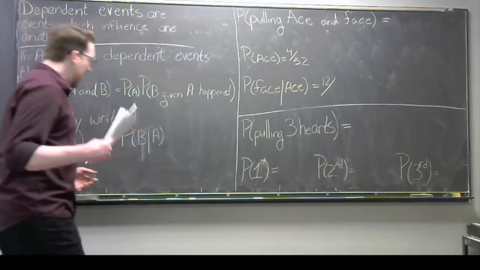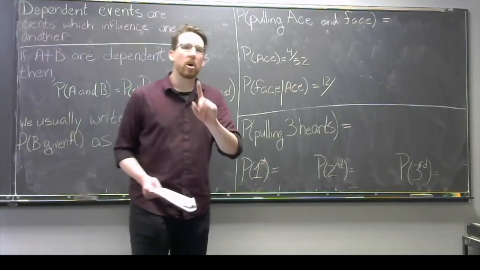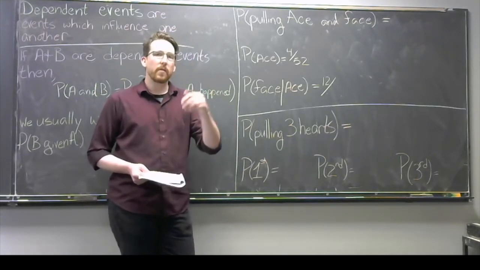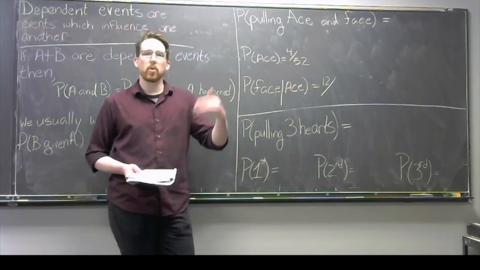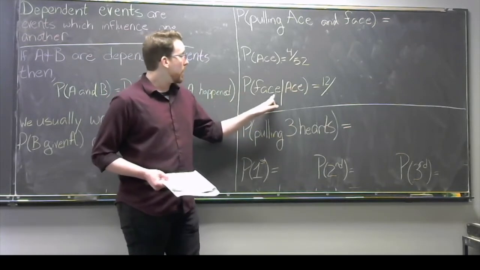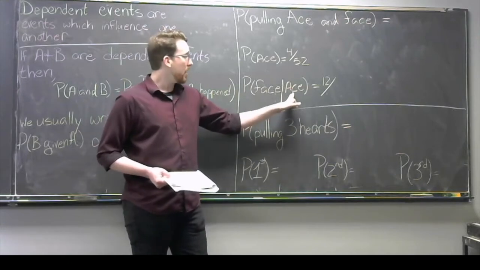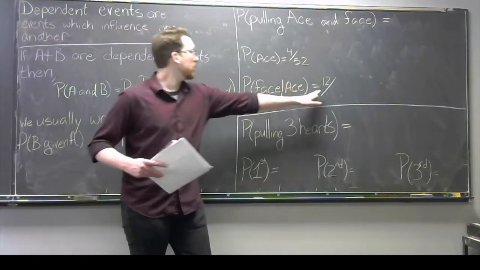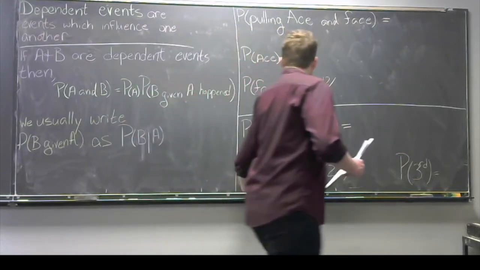But if I pull an ace, that means there's one less card in the deck. So instead of 52 cards, there's now 51 cards. So the probability of pulling a face card, given that I've already pulled an ace out, is going to be 12 in 51.